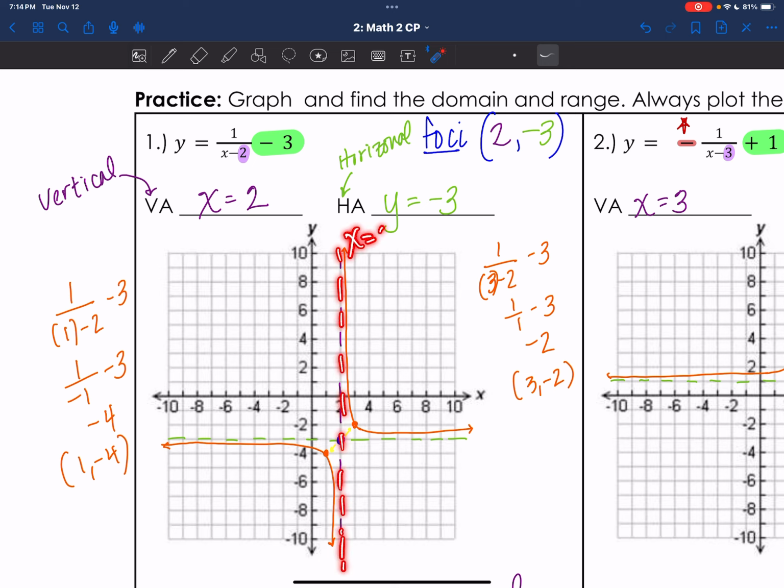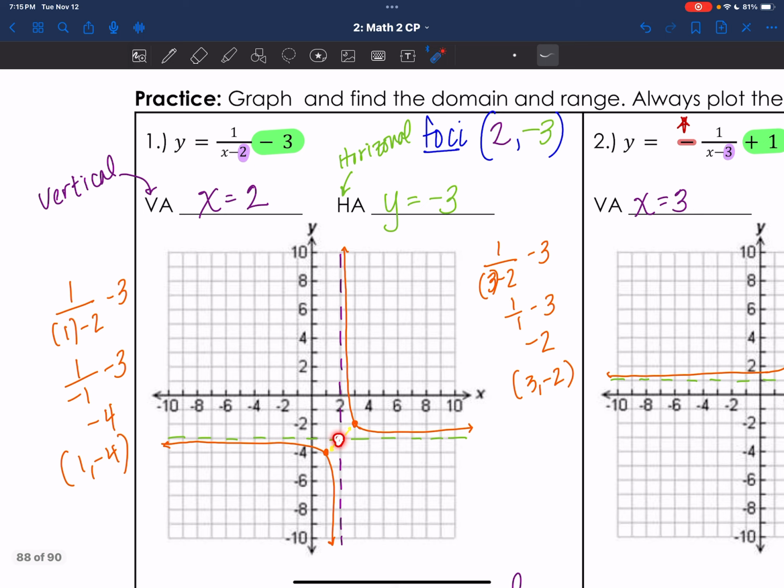So that's x equals 2. All right, now your horizontal asymptote is -3. So it's going to cross the y-axis at -3. So go down here, and yes, we do the dashed lines. All right, they both intersect at this point, which is your focus at (2, -3).